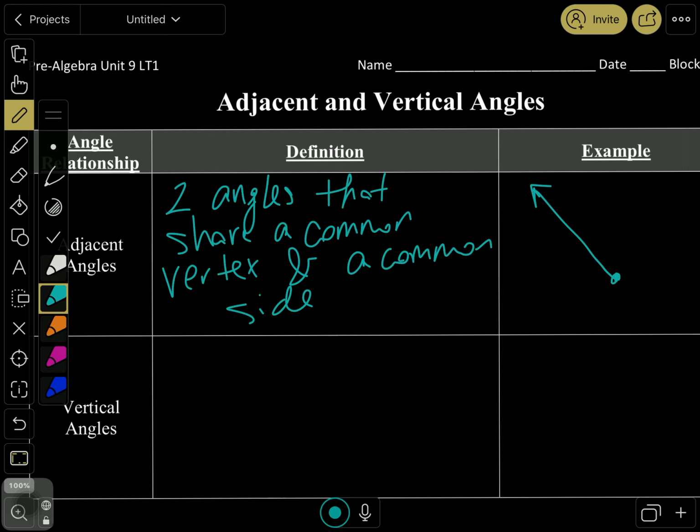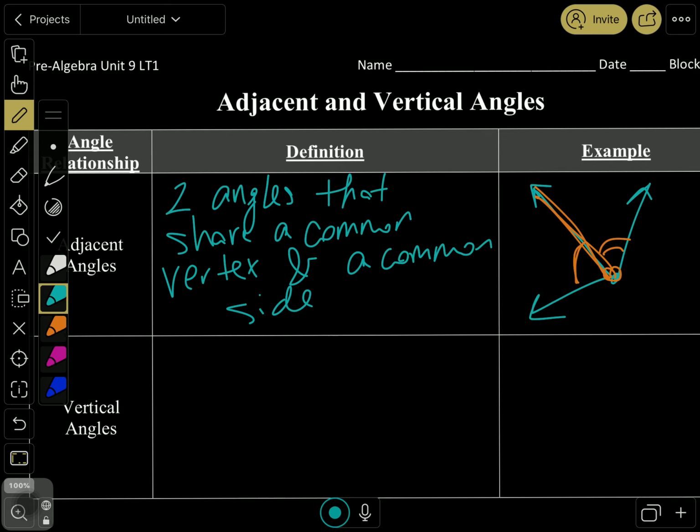Well, then I just draw in two different angles. And so as we can see, this fits that definition. I have one angle here, I have another angle here. They both share this side and they both have their vertex here. Okay, adjacent means next to, so you kind of want to think about it as two angles that are next to each other. They're shoulder buddies with one another.